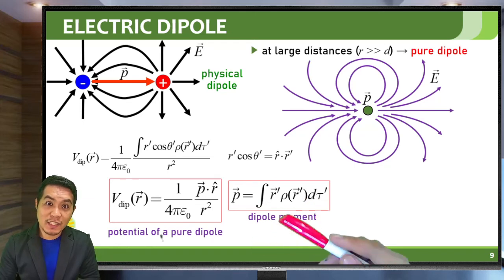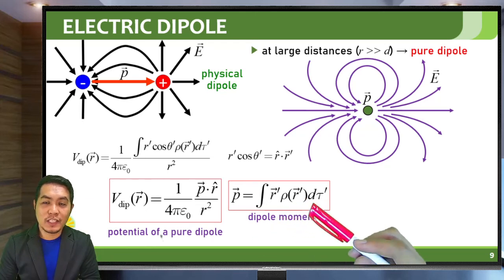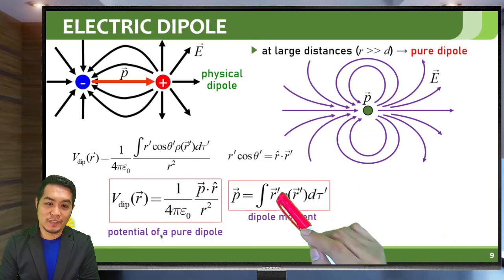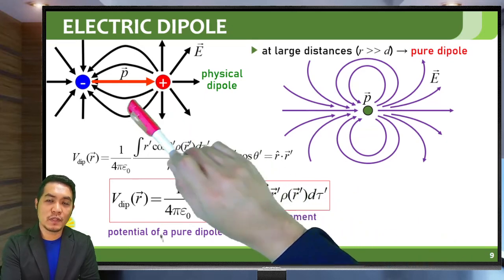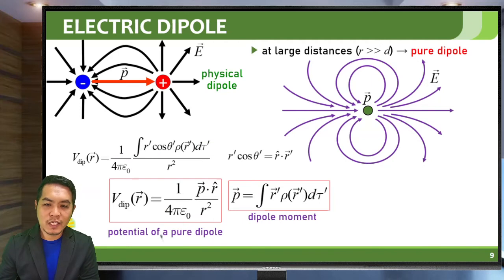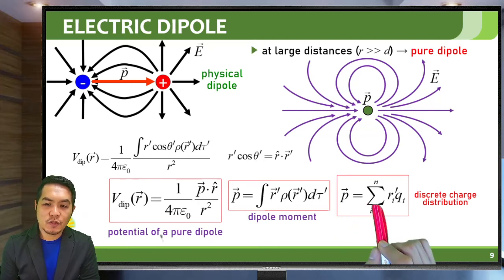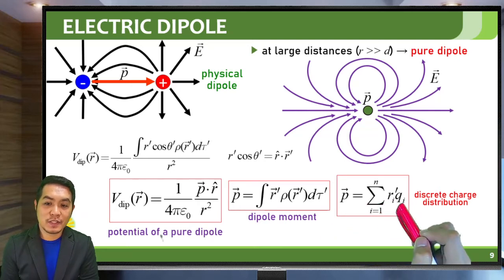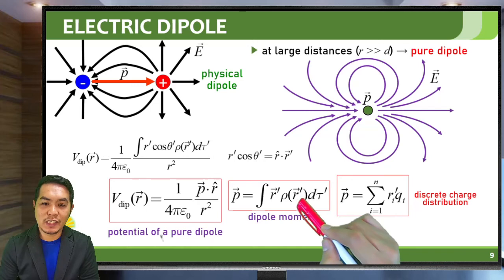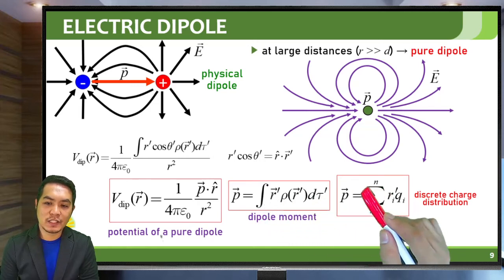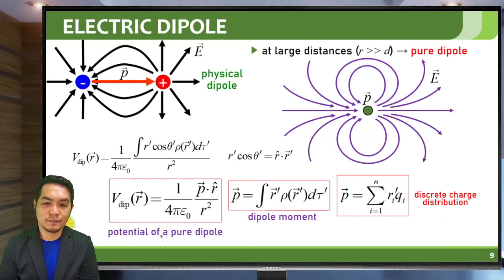If your r is d, and if your integral of dq is q, you have qd, the dipole moment of a physical dipole. In terms of a discrete charge distribution, it's just the summation of r times q.